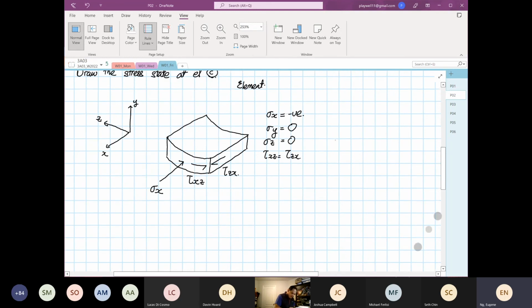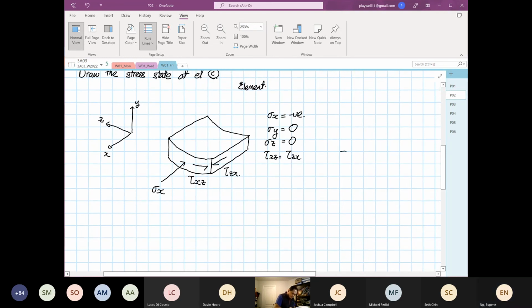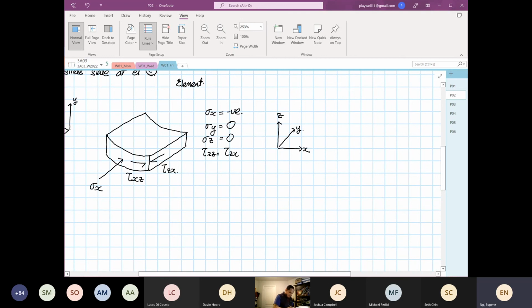So I'm going to call this my X, and this my Z, and this is my Y, based on the rotation.